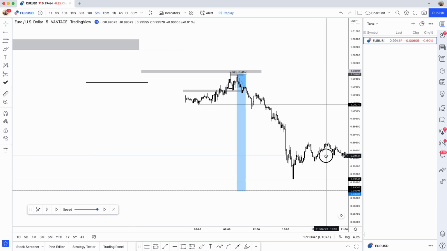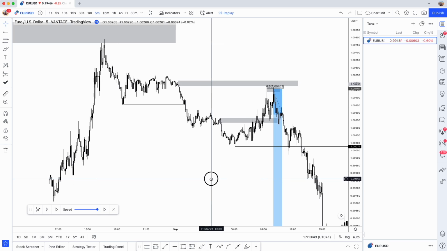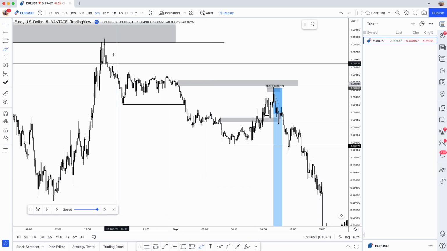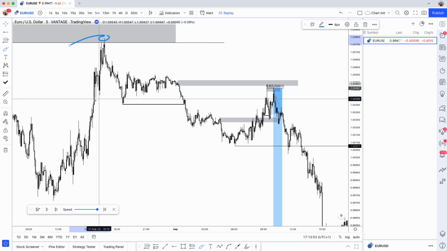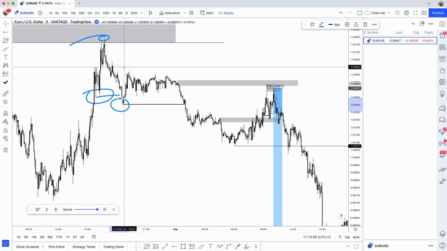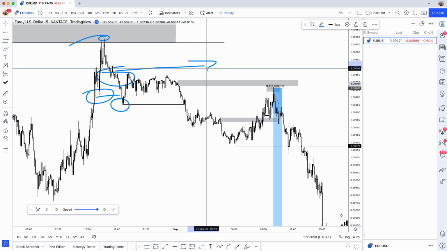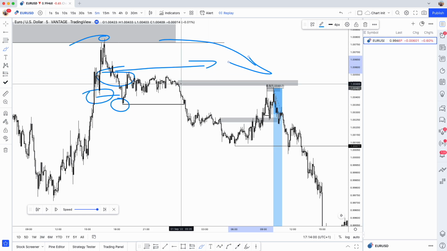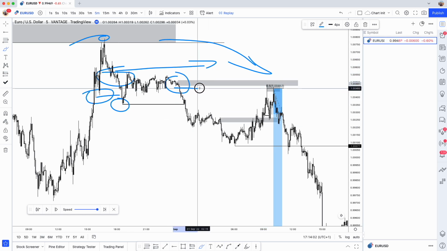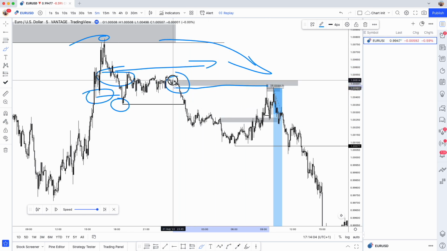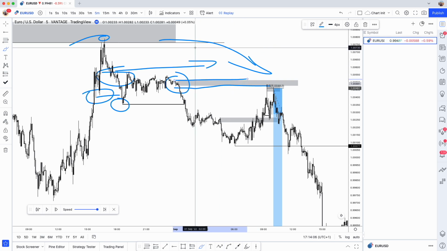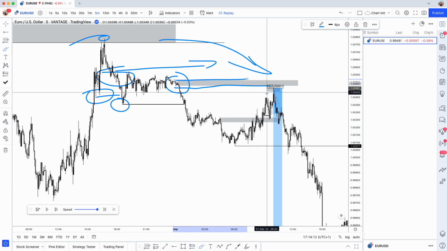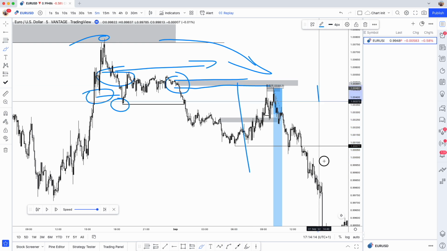So again, this is sticking to the rules and sticking to some sort of discipline. So what we have here is a range high, range low, breaker structure, mitigation, invalidation point, bearish order flow, and we just traded off the valid OB, which is the closest to the point of invalidation and closest to the mitigation point, and we've taken the trade off the 1 minute time frame in the London session.